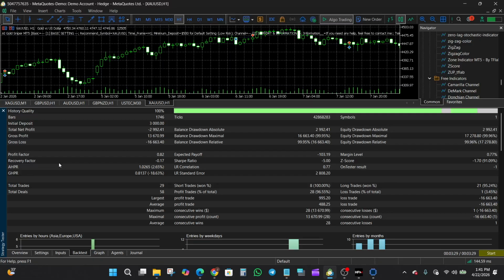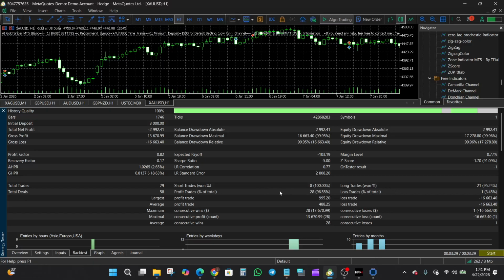And we had 29 total trades. Short trades were 8, 100% won. Long trades were 21, 95.24% won. This tells me that the problem is poor risk management because a large percentage of the total trades taken were won.